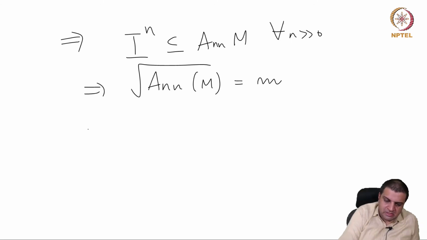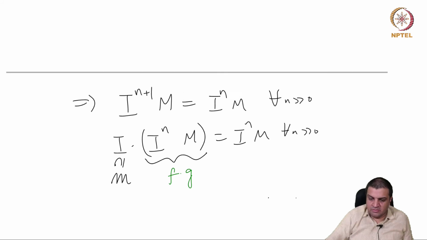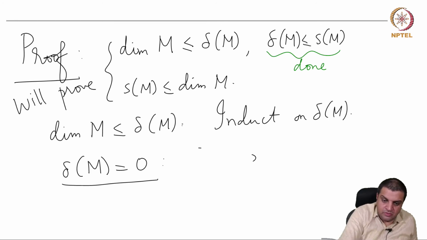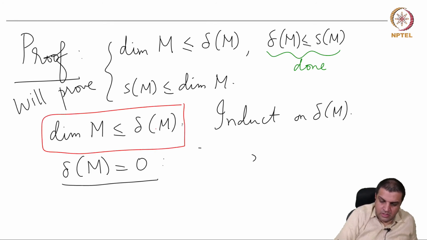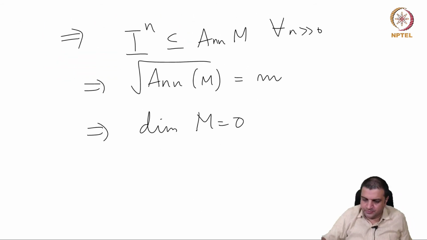So M is Artinian, and this implies that the dimension of M is 0. So the inequality is preserved: if this is 0, then this is also 0. Remember, we are trying to prove this. So if the right hand side is 0, the left hand side is also 0. That's the base case.